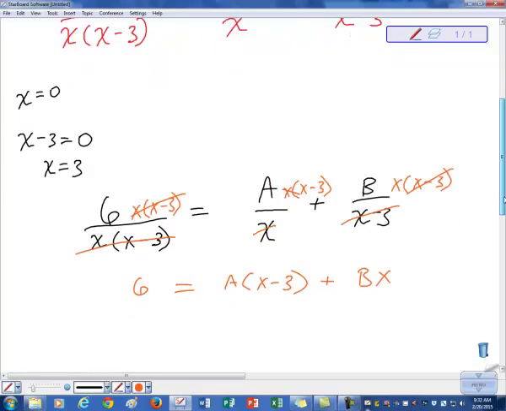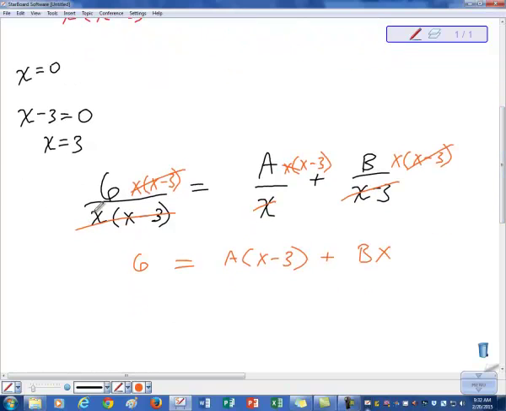So now we want to take one of these two factors of the denominator and start substituting them in to eliminate either the A or the B. So we'll start with x equals 0. We substitute 0 in wherever there's x. So this would be A times parentheses 0 minus 3 plus B times 0.